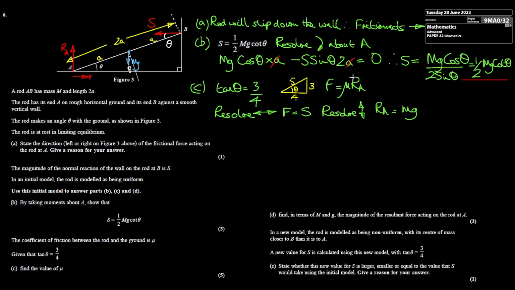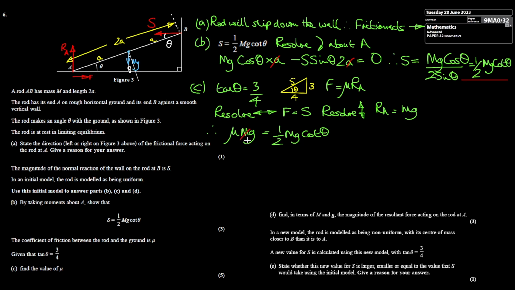So if I put all of this into our equation here, S we know and RA we know. So therefore I can say that mu mg, which is another version for mu RA, is equal to S, which is this lot here, which is a half mg cot theta.